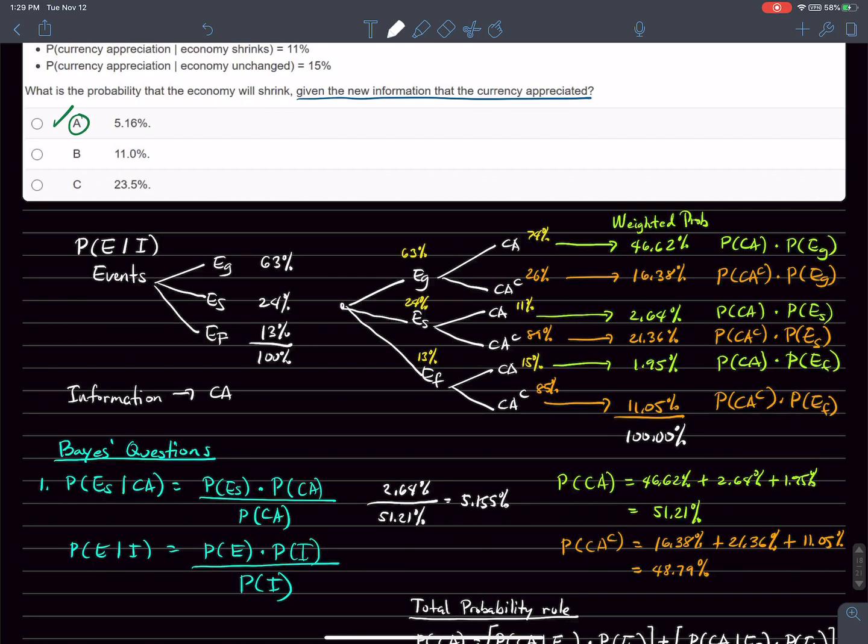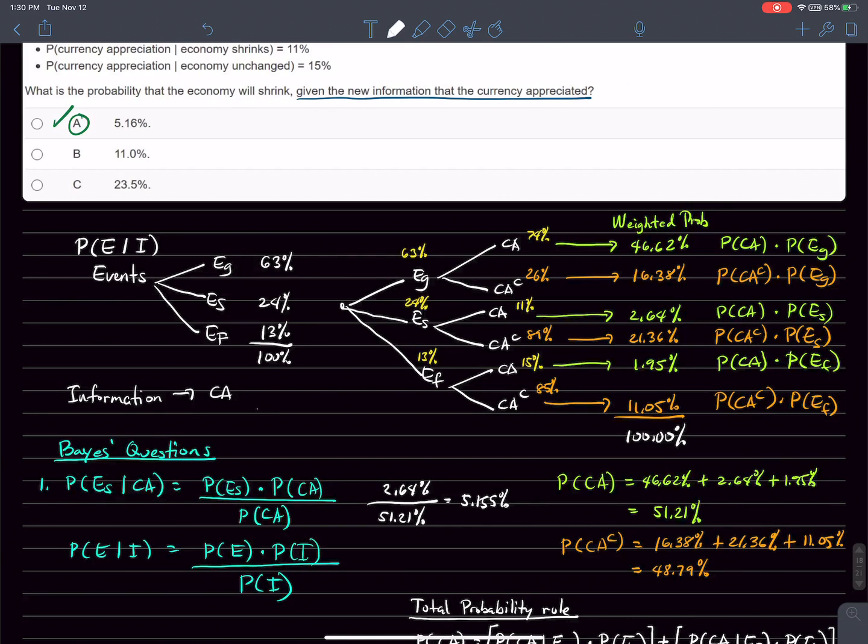Because you will notice here, this one will be cancelled. See how I arrive at this one. CA and ES, which is this. How I arrive at the joint probability, probability of CA and ES: the way I arrive at it is you cross multiply these two.